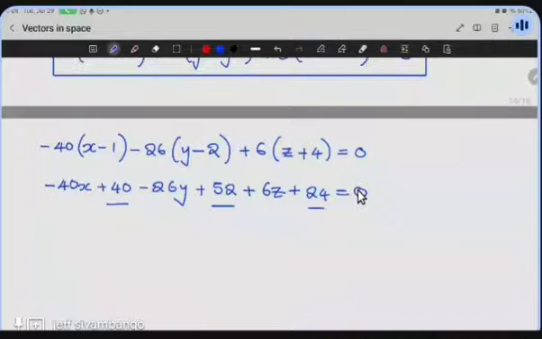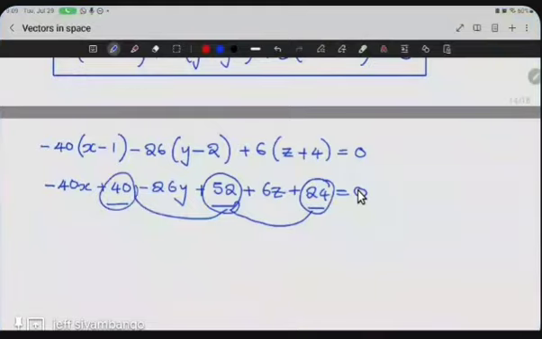So 40 and the 52 there, I have 92, 96, and I have 116, is it? 118? No, it's 116. Yes, 116.